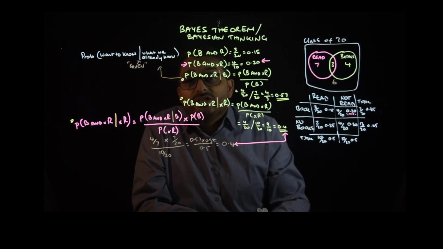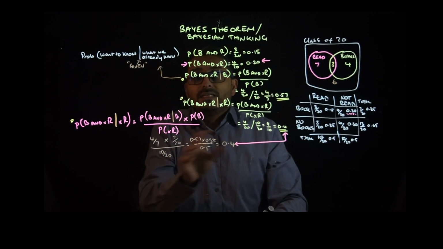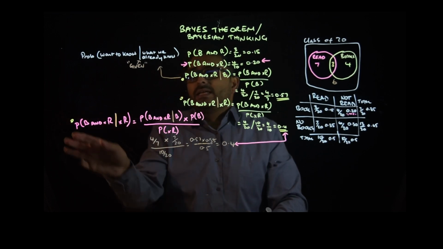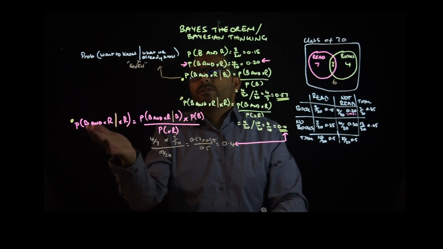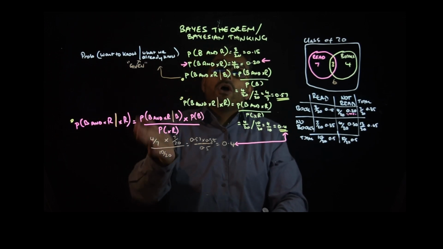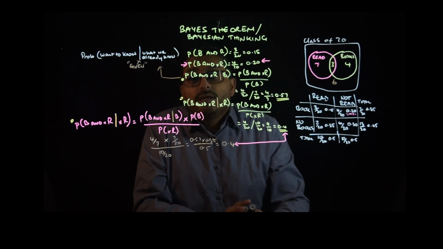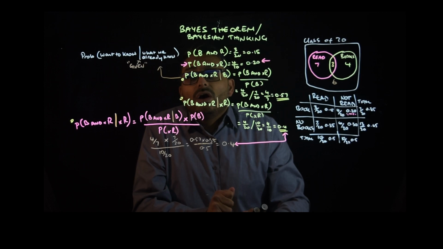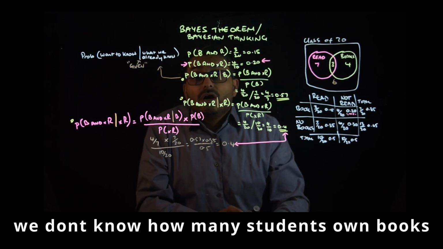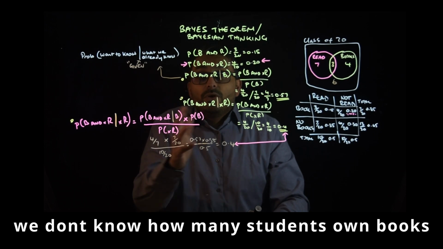Let's say in this last example, the probability that we have a student that owns a book and doesn't read, given that we know they don't read, but we don't have the exact probability that a student owns books. We don't know what that is.